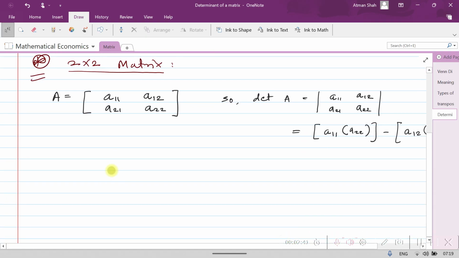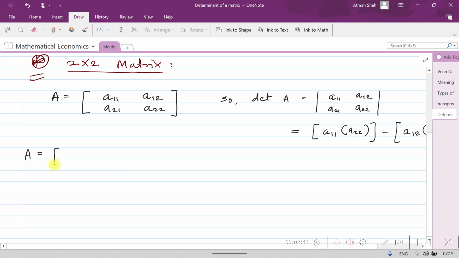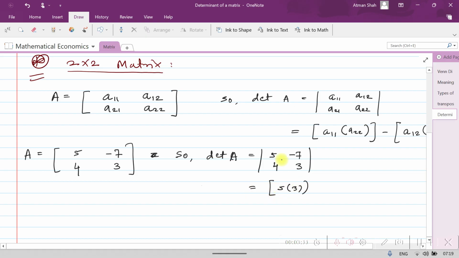Let's take one example. Suppose A is equal to [5, -7; 4, 3]. So the determinant of A is |5, -7; 4, 3|. Therefore, the value is 5 into 3, minus 4 into -7.